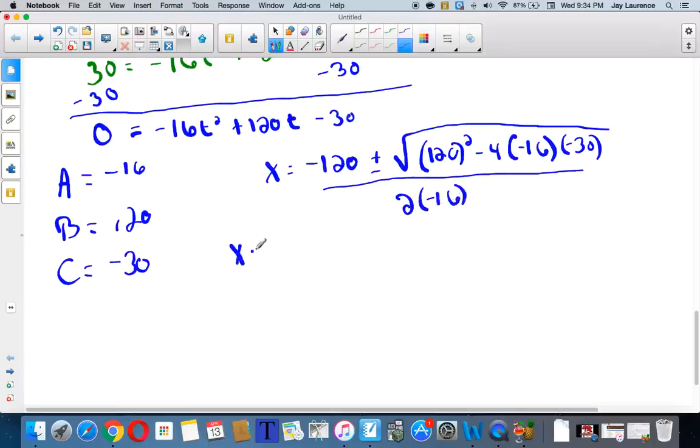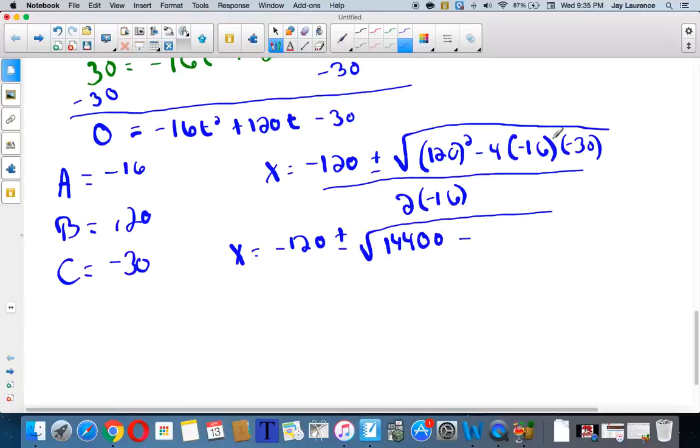So now I'm going to get x equals negative 120 plus or minus the square root. And what am I going to get under there? Well, 12 times 12 is 144, but there's 2 zeros for 120 times 120.